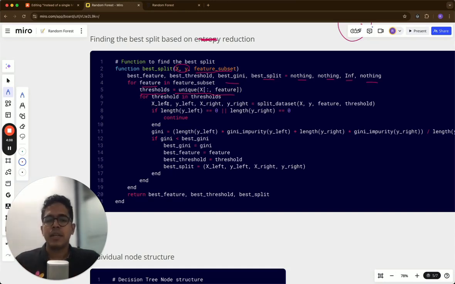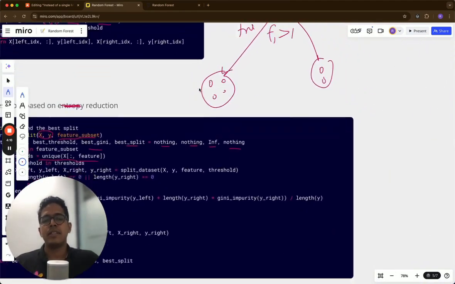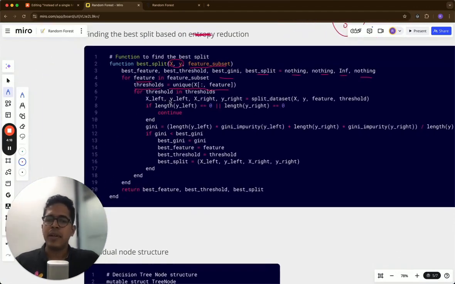And then you say for threshold, for every single number in that threshold, so if 3.2 is the number that is present for feature number 1, we'll check, okay, for feature 1, if I use less than or equal to 3.2 as the threshold, am I going to decrease the Gini impurity or not? So that is what we are going to test.